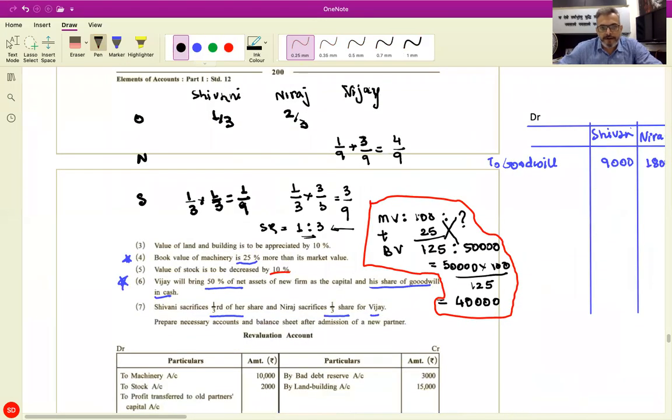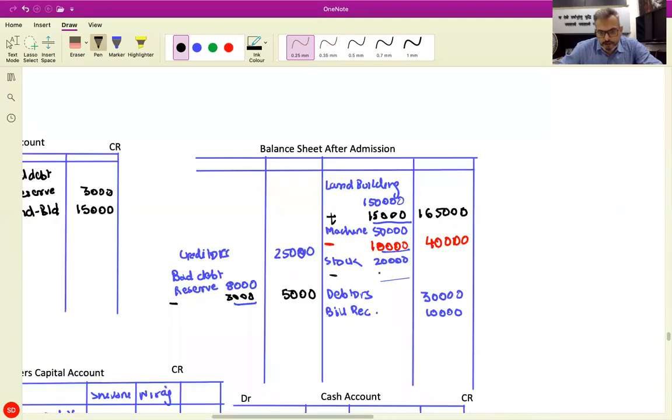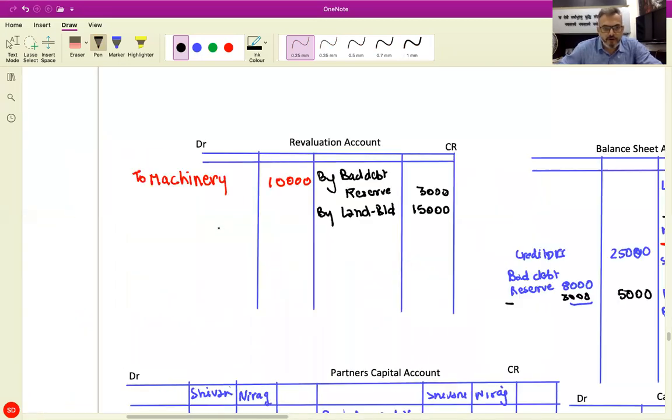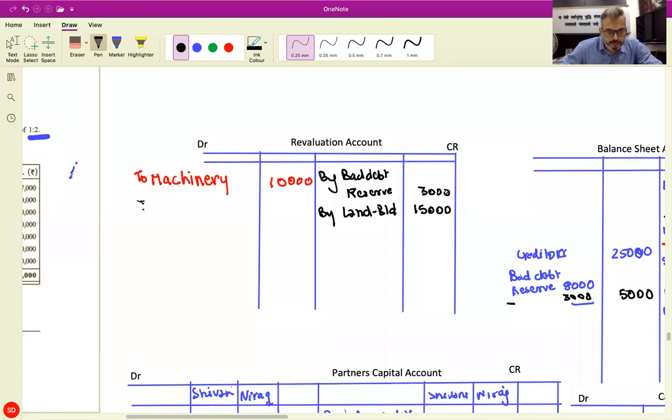So no problem, directly 10% is minus 2,000, 18,000. Second effect, to stock 2,000.